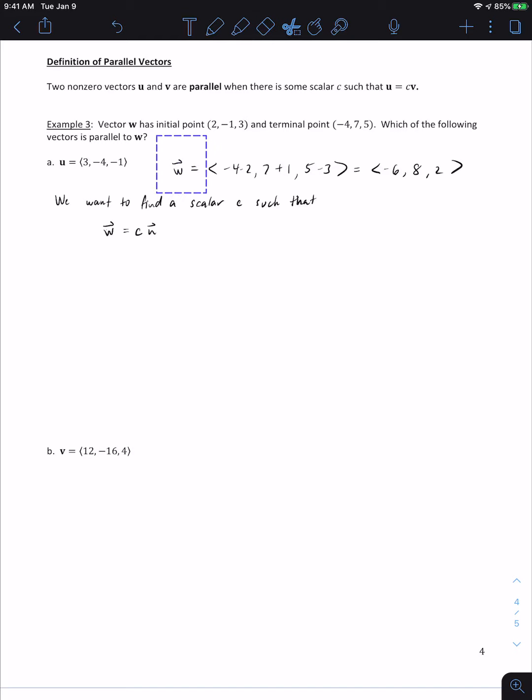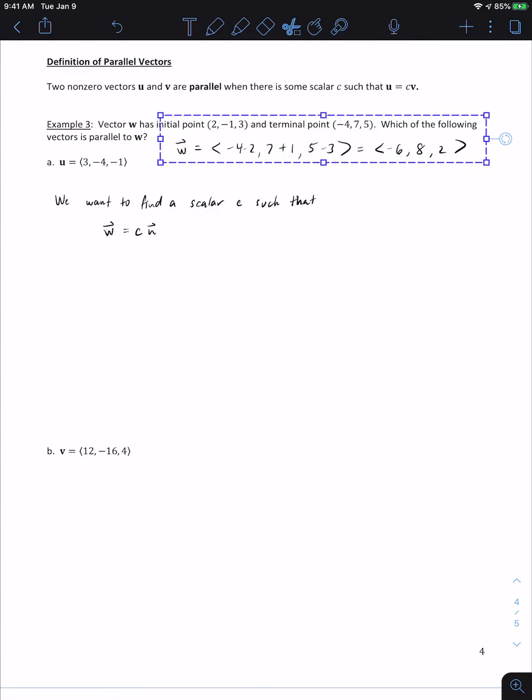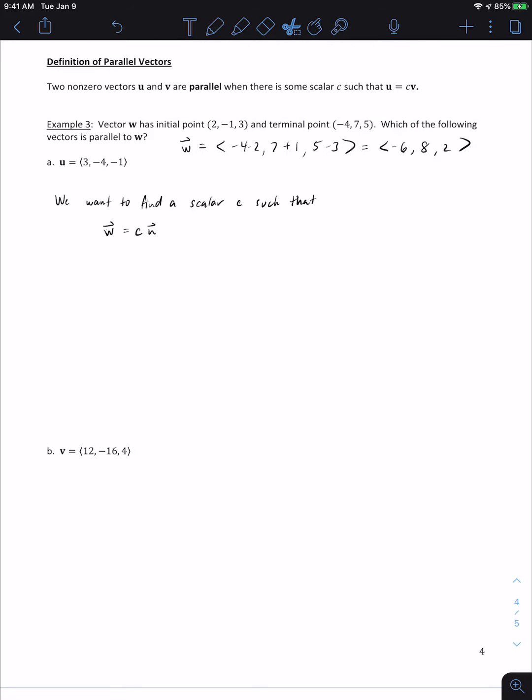I'm going to scooch this up a little bit because that's separate work. So what is w? That's the work we did before, negative 6, 8, and 2, and we want that to be equal to c times the vector u, which is 3, negative 4, negative 1.